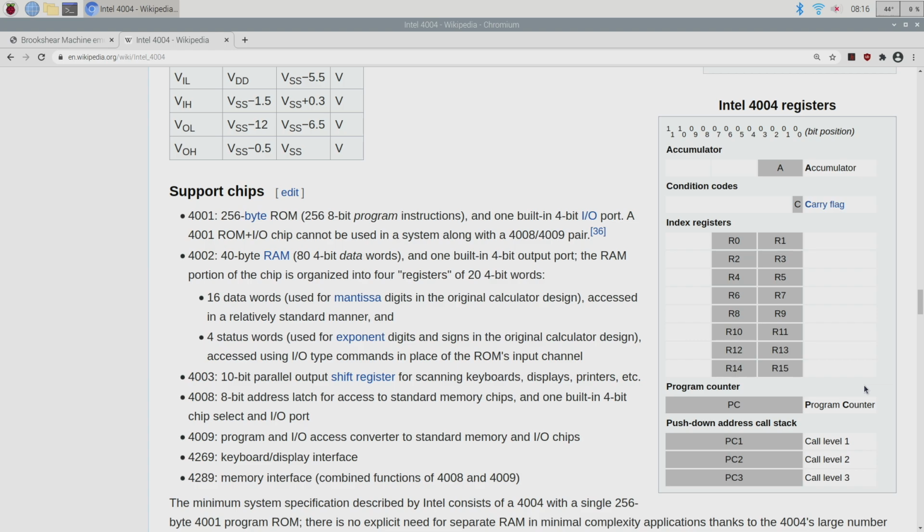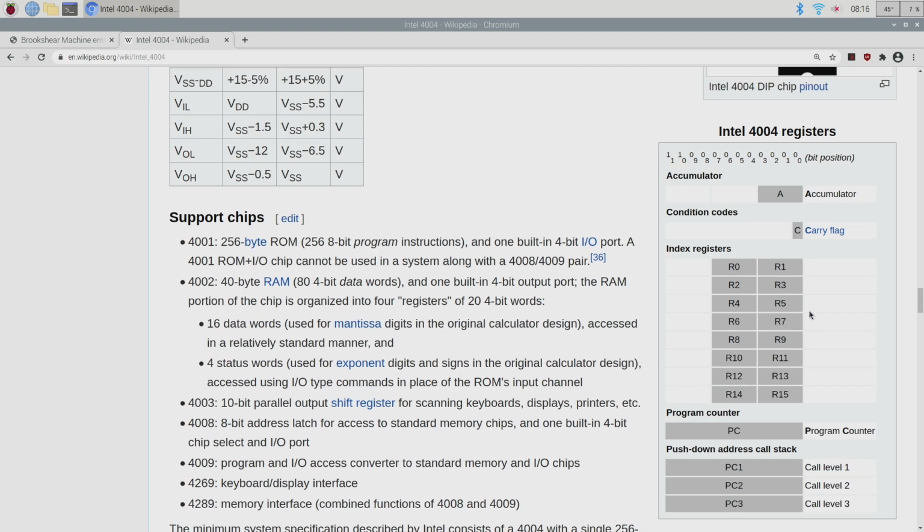If we compare this to, oh, I should mention actually, the 4004 was the first commercially available microprocessor. I'm going to put the emphasis on commercially available because it wasn't the first microprocessor, but nobody knew that until the 1990s.